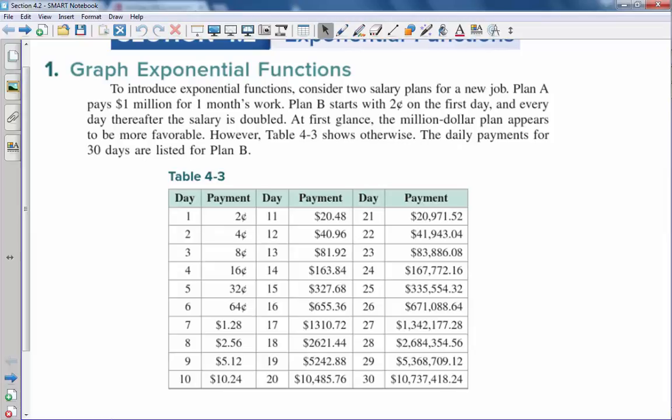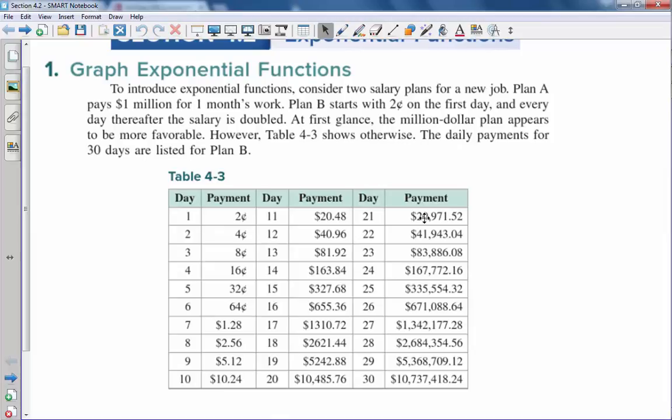How come? You're getting paid 2 cents on the first day, but every day it's doubled. Next day you get 4 cents. Third day you get 8 cents, 16 cents. After 2 weeks, you're still making $163. Seems like nothing compared to $1 million total pay, right? But look at 3 weeks.